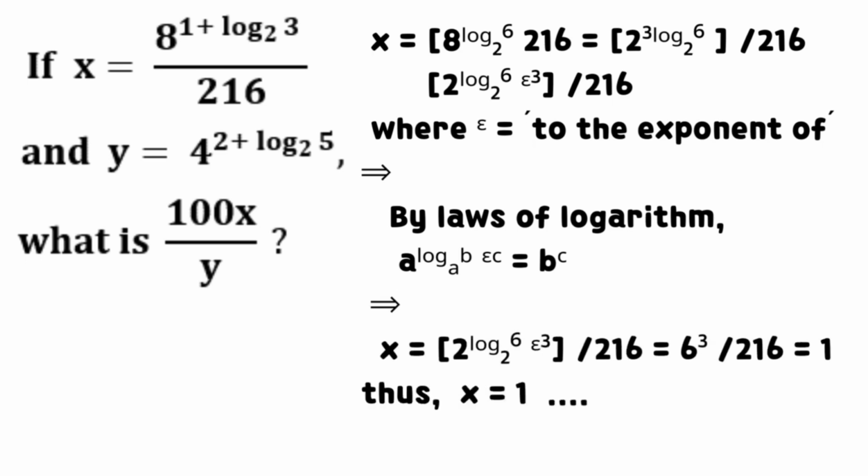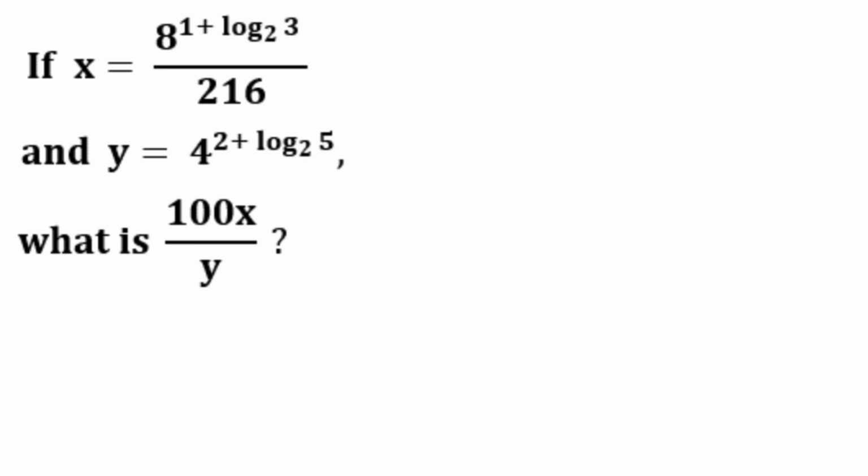Here the Greek e symbol is used to mean to the exponent of. By laws of logarithm as shown on the screen, we have that x equals 6 to the exponent of 3 divided by 216, which equals 1 after simplification. Thus, x equals 1. We call it equation 1.